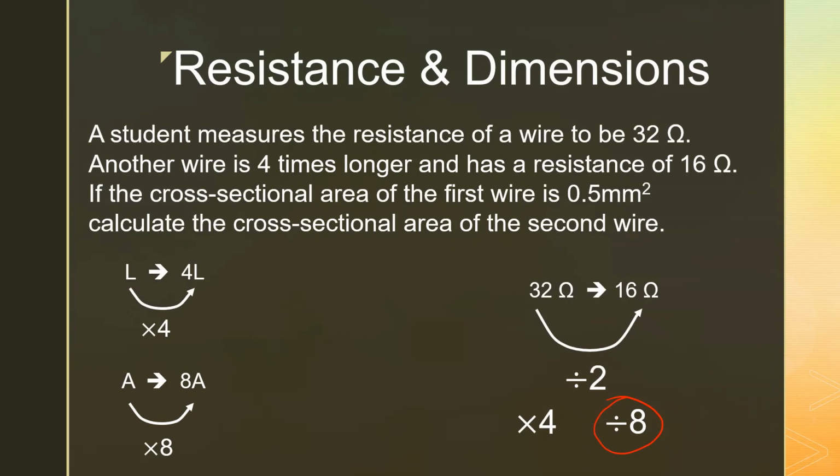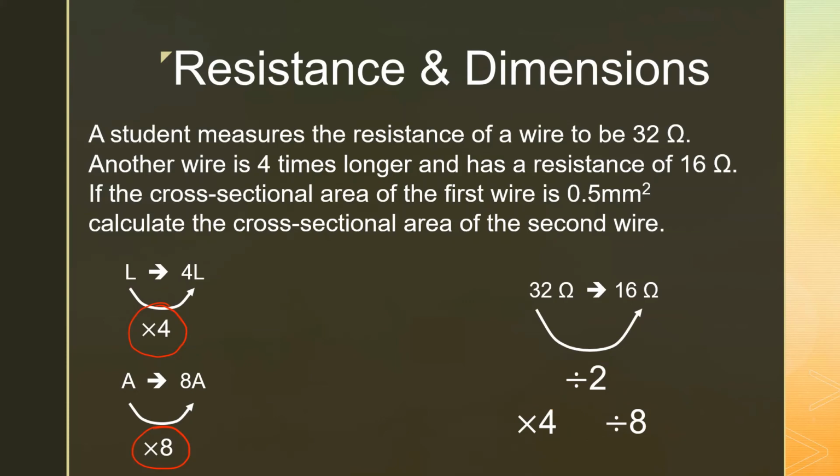Okay, so let's just go through this again, because I know this is quite complex. This increase in the length by a factor of 4 is increasing the resistance by a factor of 4. This increase in the cross-sectional area by a factor of 8 is decreasing the resistance by a factor of 8. And these two combined are going to result in the resistance being decreased by a factor of 2.